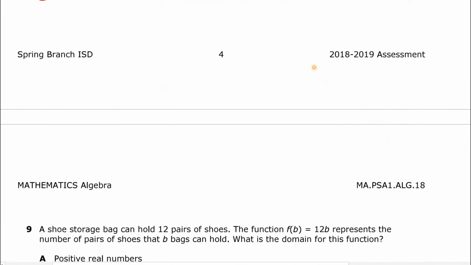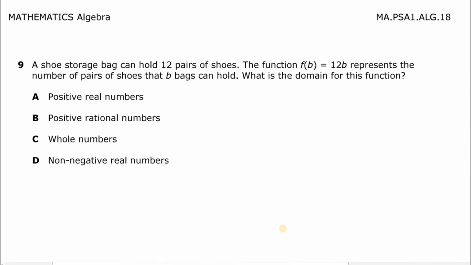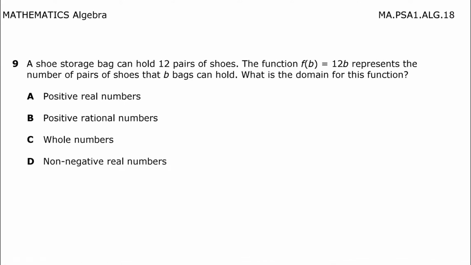On the next problem, number 9, it tells us a function. We have f of b is equal to 12b, where b is bags. So we know however many bags we have is what b is, and it asks us for the domain, which is x. In this question, there's no x and y, but we know that this is y, this is x.